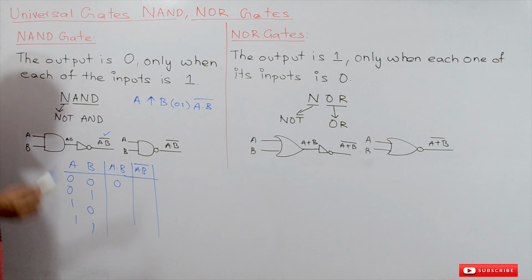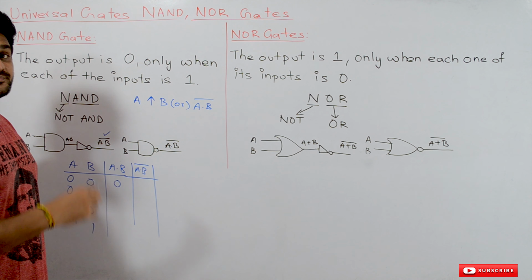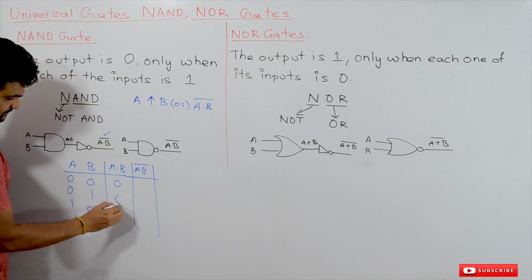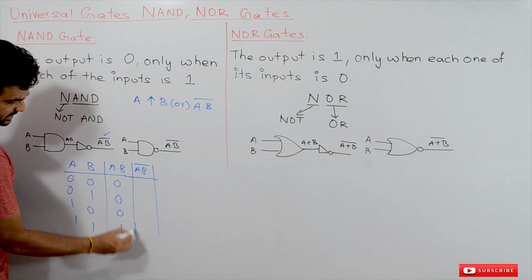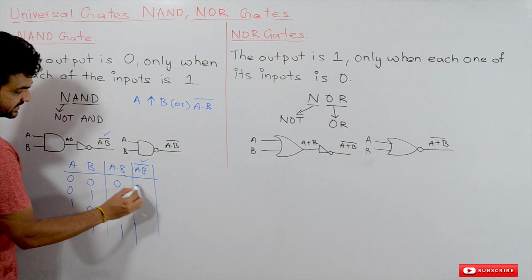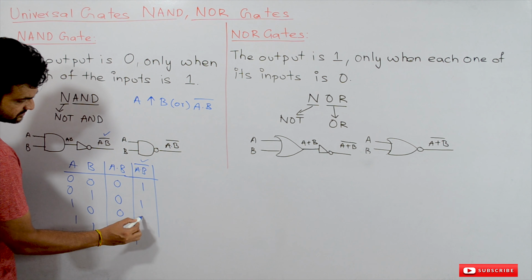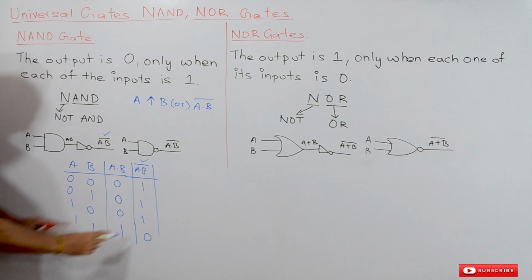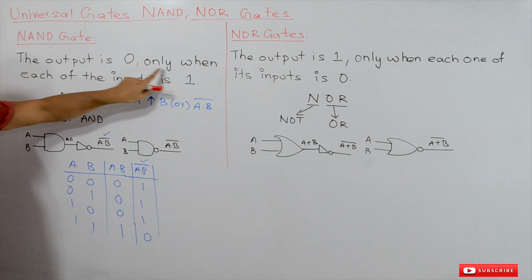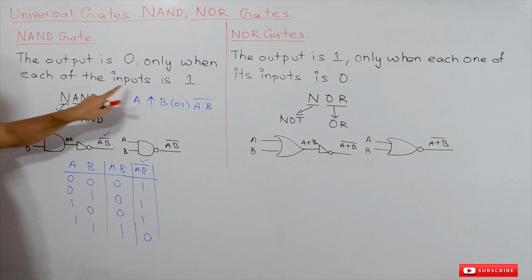AND gate happens to be true if all the inputs are true. The basic gates were already discussed. So the AND output is 0 0 0 1, and the complement of the AND has to be taken, which becomes NAND. It is 1 1 1 0. So what the statement states is, for the NAND gate, the output is 0 only when each of the inputs is 1.